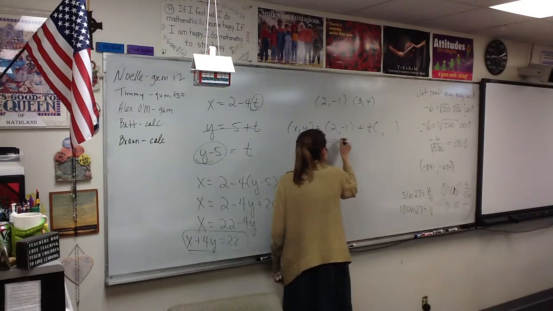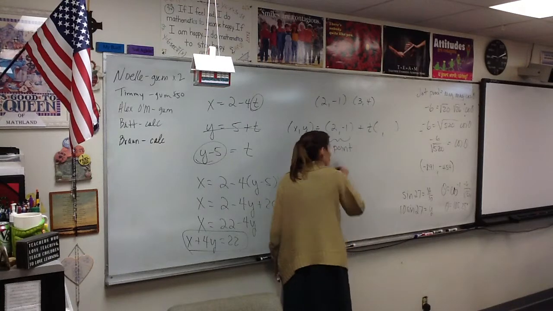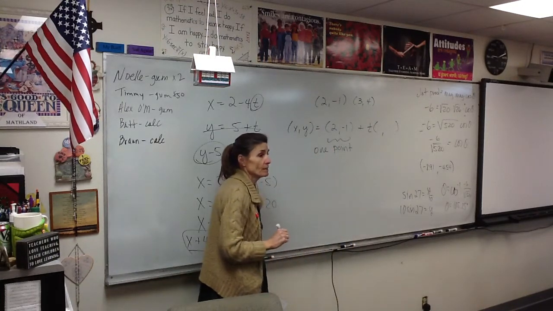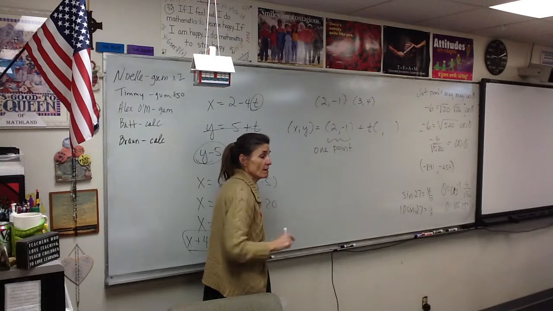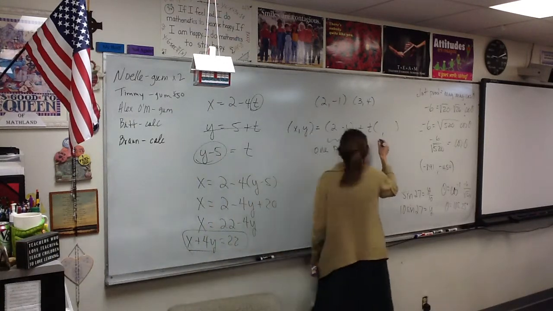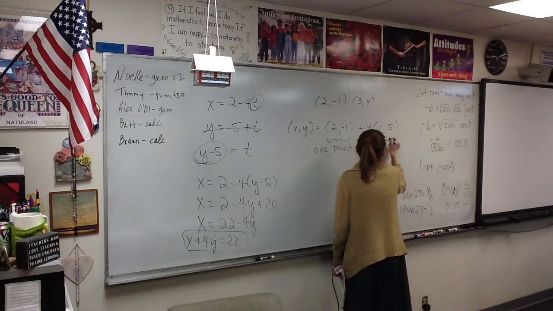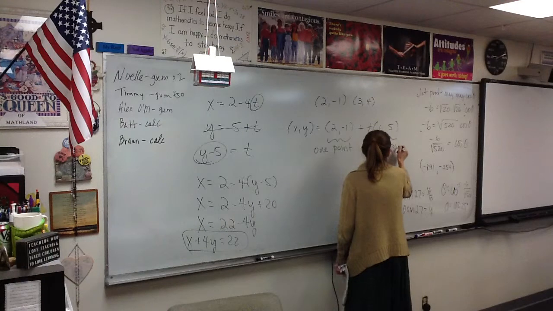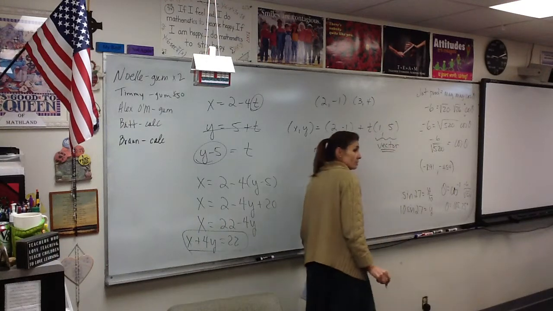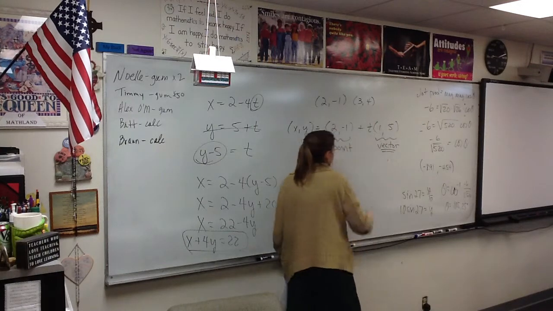One of the points goes in this spot. It does not matter which one. What did you put here, Olivia? 1, 5? Yes. And how did you get that? We found the vector from here to here. 1, 5. Beautiful.